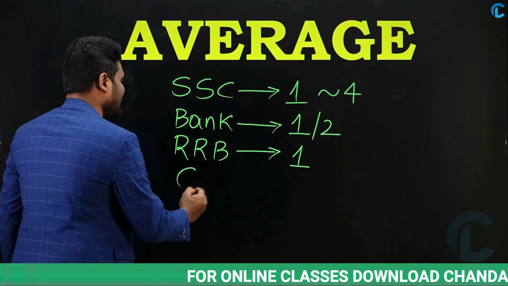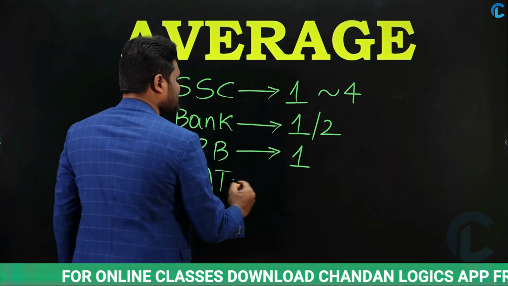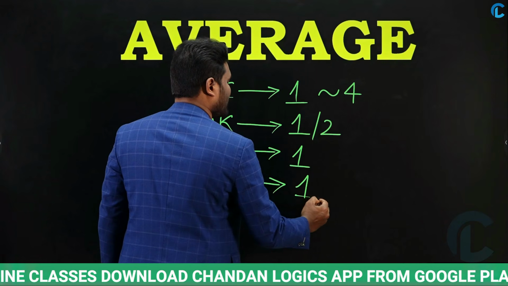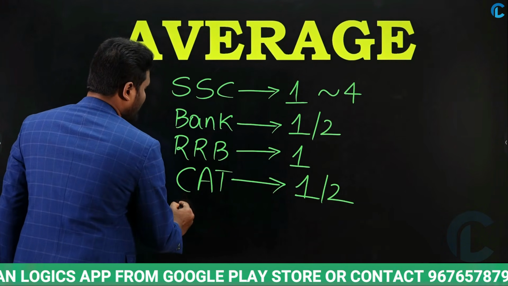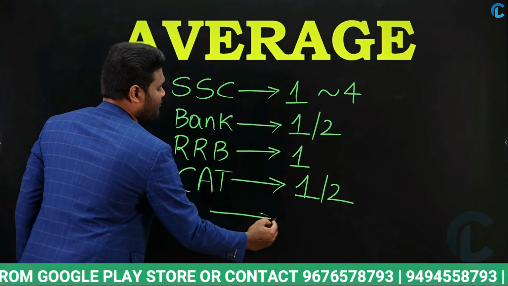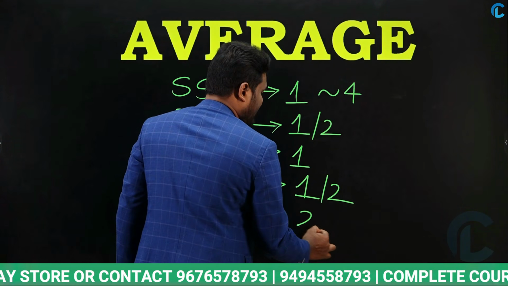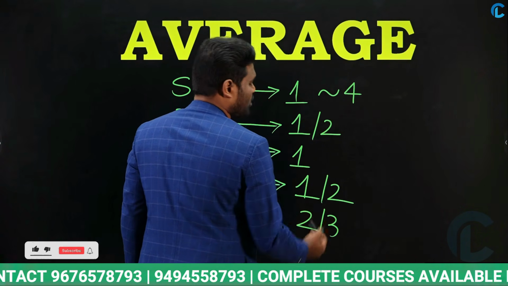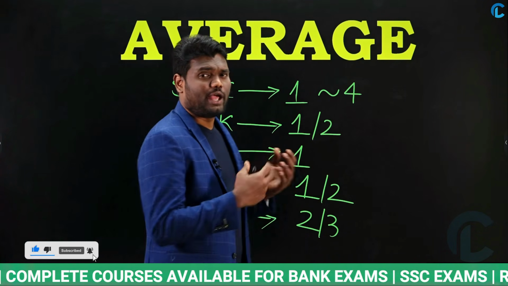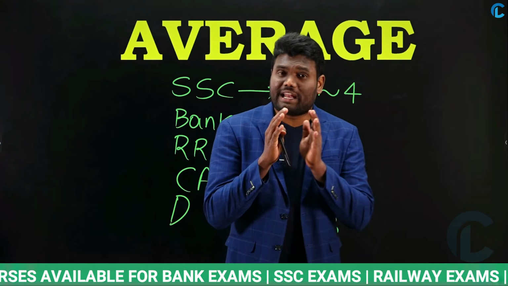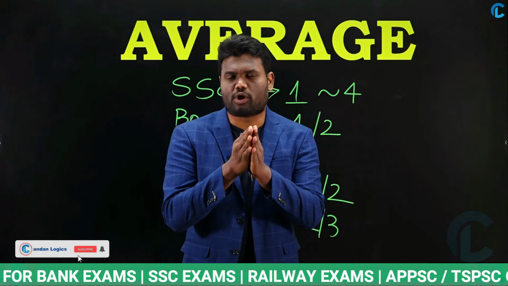If you are writing CAT examinations, you get 1 to 2 questions from topic average. And similarly, if you are going to write defense examinations, you may get 2 to 3 questions from topic average. So this is the weightage for topic average in various competitive examinations. You can expect at least 1 question from topic average.